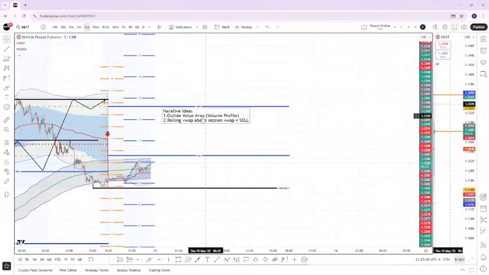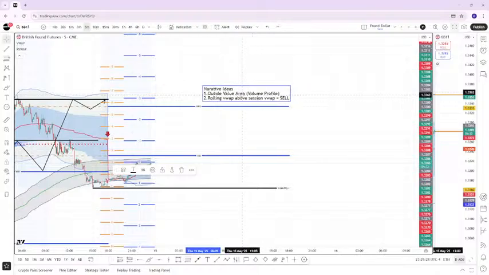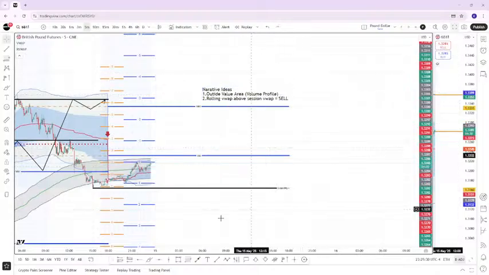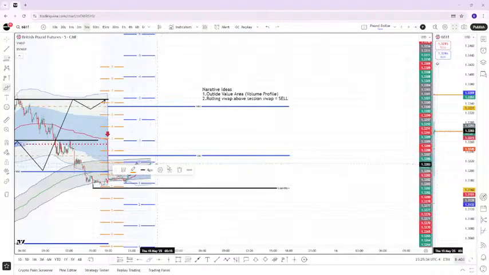Now we're gonna look at what we can have as entries. So right now my idea is if we open, maybe push up into value area, go down, and then just take out this liquidity.